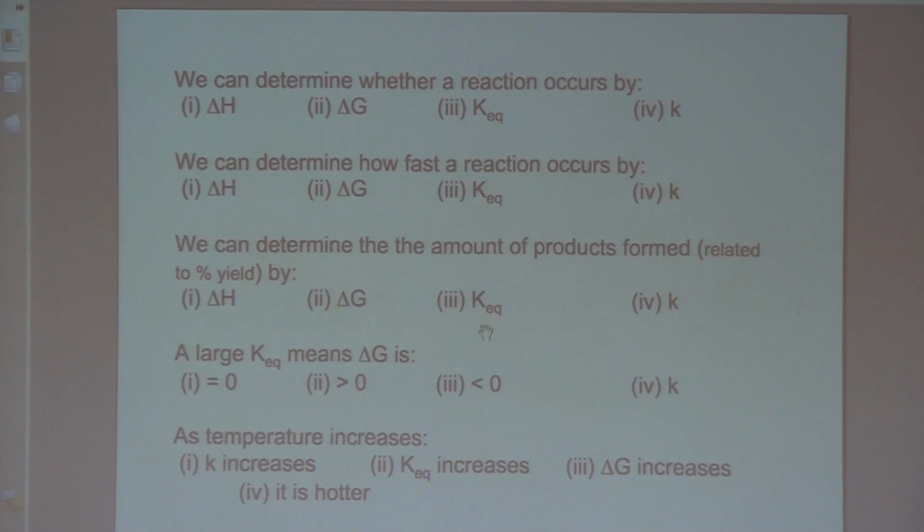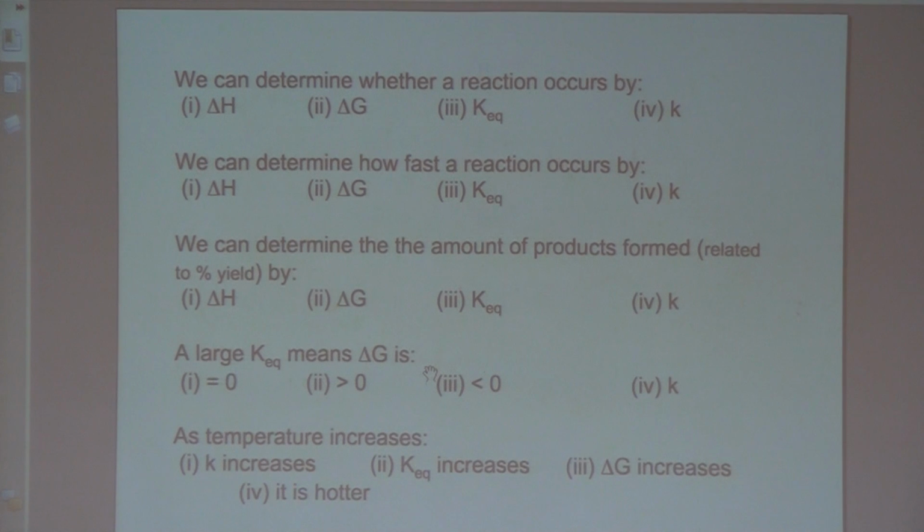Who says number 3? Yeah, KEQ tells us the amount of products formed, but we know that KEQ is related to delta G. What about 4? Rate constant. Yeah, that doesn't really tell us the amount of products formed. So note that for the third question, delta G and KEQ tell us the amount of products formed. Okay.